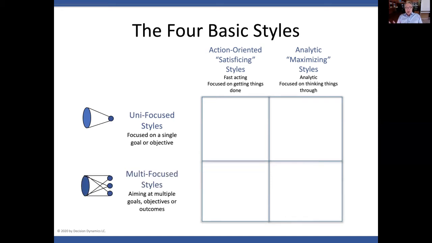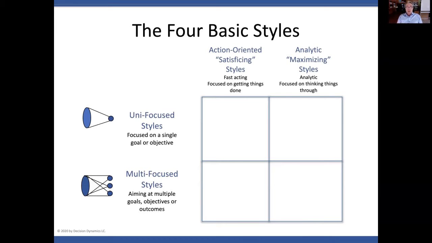On the bottom row of this matrix, we place multi-focus styles. And when a person's in a multi-focus frame of mind, the chances are that person has a number of different goals, objectives, and outcomes that person is looking to achieve. And consequently, there's not going to be any one pathway to achieve those multiple objectives.